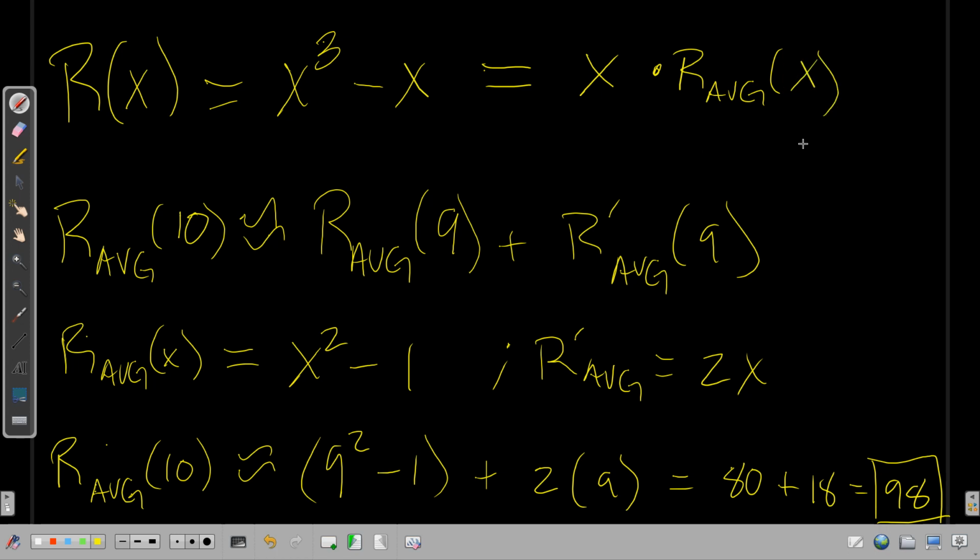They're equal. And that's because the average revenue is exactly R of x over x. And if the x's cancel, you have R of x.